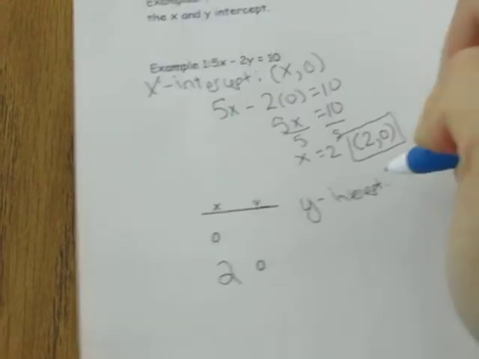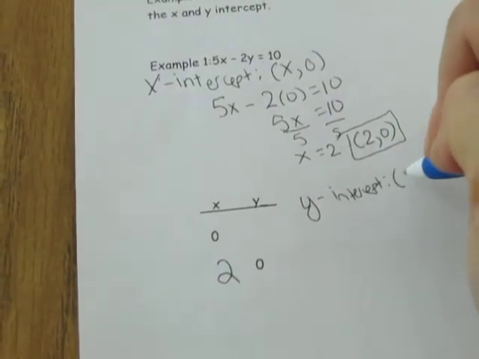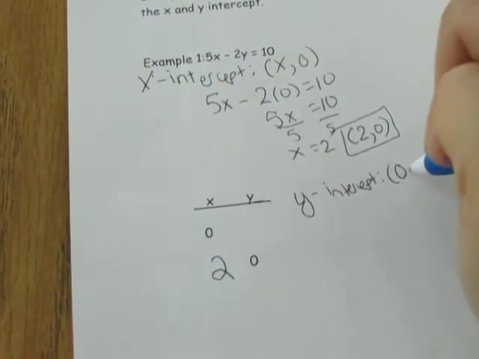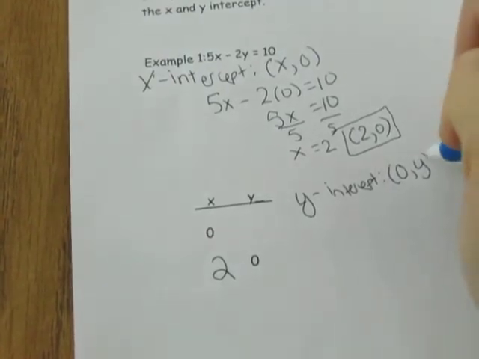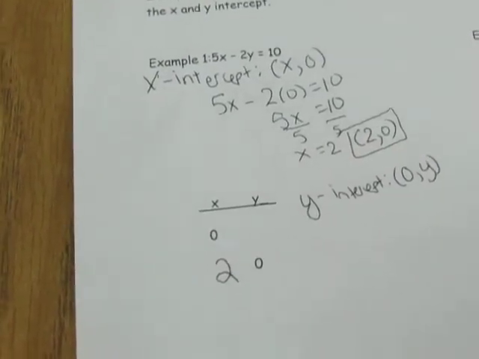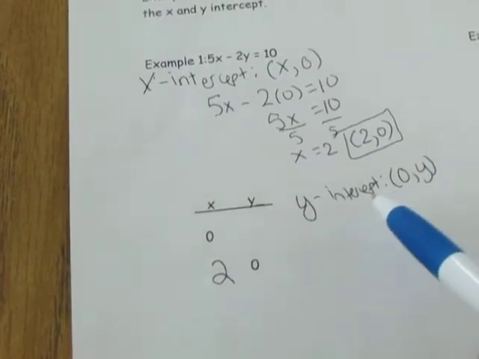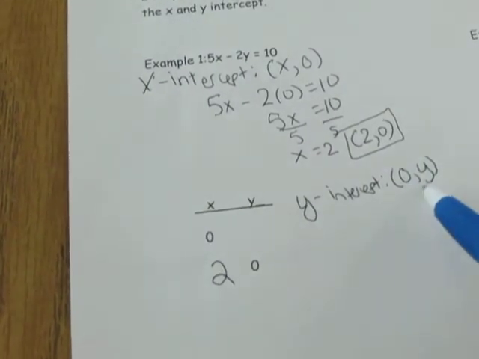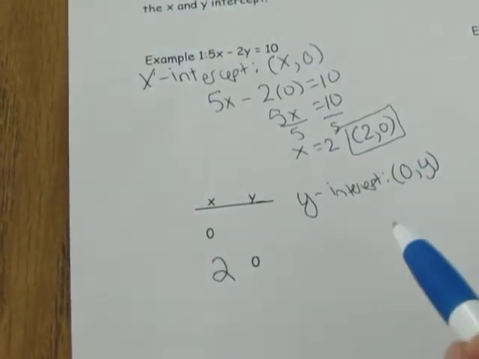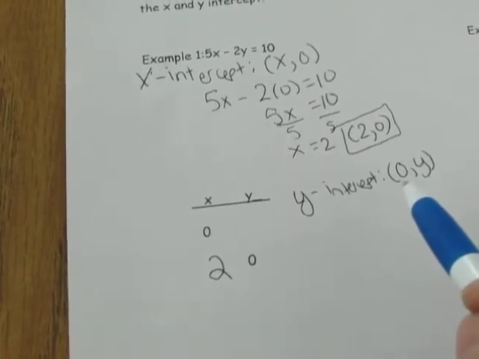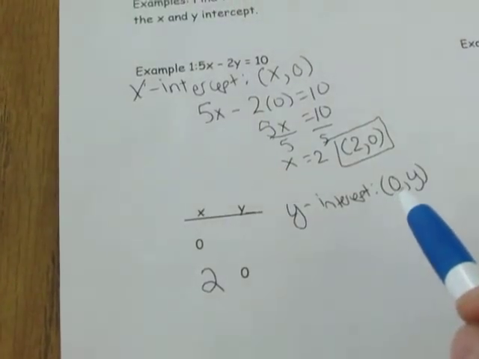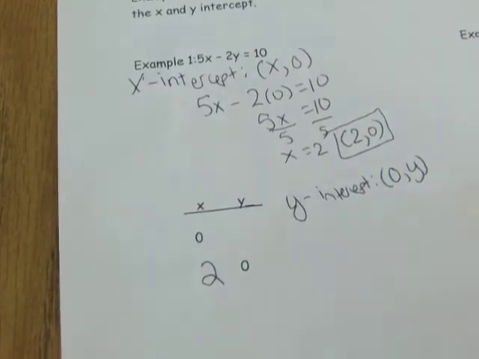Remember, for your y-intercept, your x-coordinate is going to be 0, and your y-coordinate is going to be some y value. So your y-intercept is going to be (0, y). Same thing, only now you put 0 in for x and then solve for y.